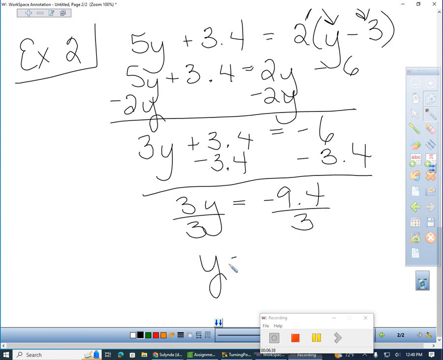And y equals. I cannot have a decimal and a fraction at the same time. So I'm going to go ahead and divide this. I get what? Negative 3.13. What's next? Oh, repeating 3. Okay.